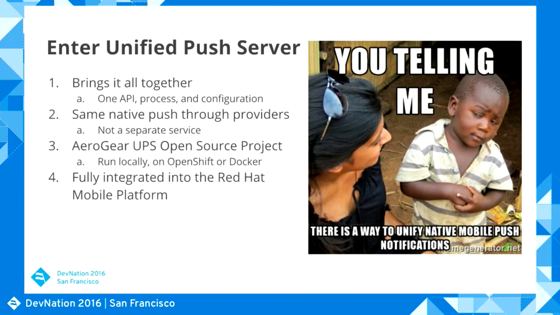And then we have client SDKs that you use in iOS and Android and others to make it easy to register the devices. And then you handle the push messaging just like you would normally on the native devices. And it's important to know that this isn't going through some other mechanism. It's still going through APNS, Google Cloud Messaging. We're just unifying how you interact with it and managing those changes.